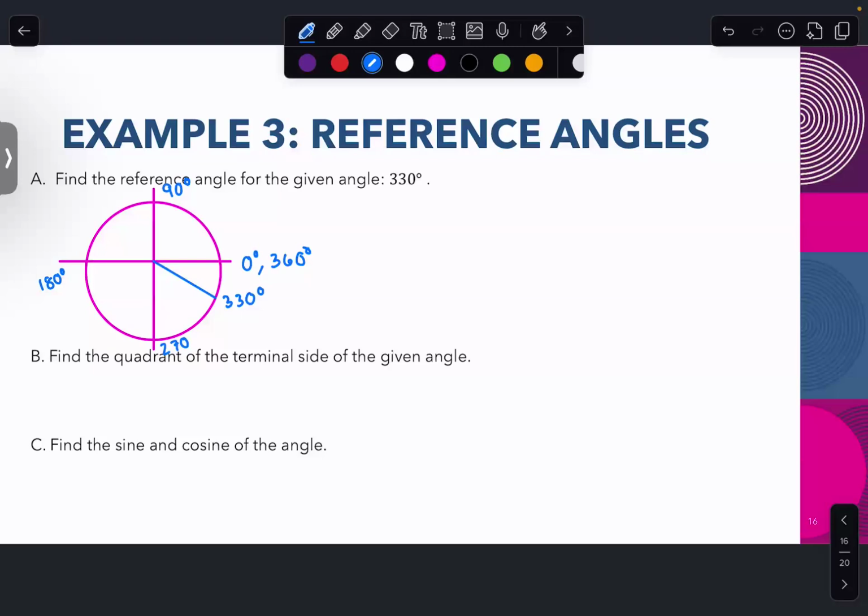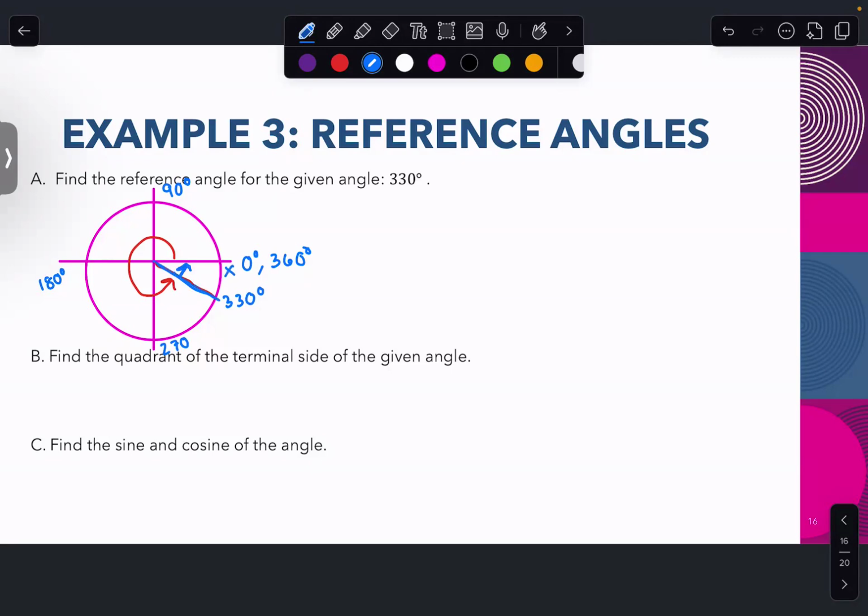Okay, so to find the reference angle, what I need to do is figure out what is the angle made with this terminal side, right? So my initial side before was the x-axis, and I came around this way. But what I want to find now is what is this angle formed between this terminal side and the x-axis.